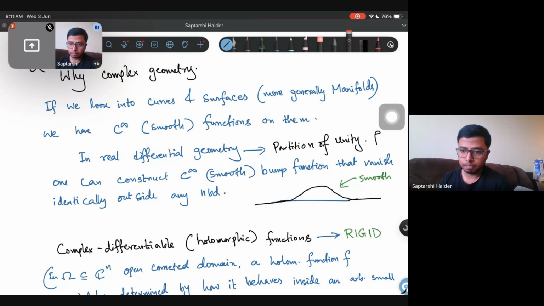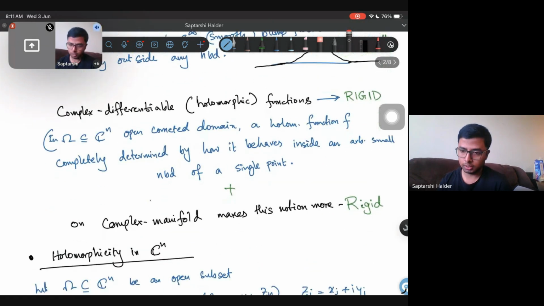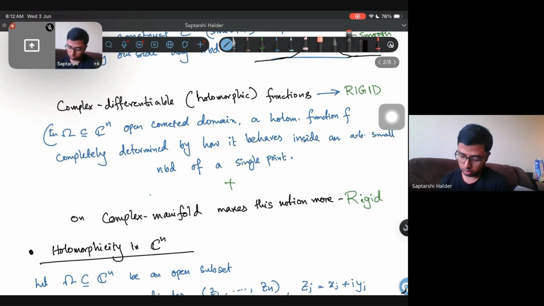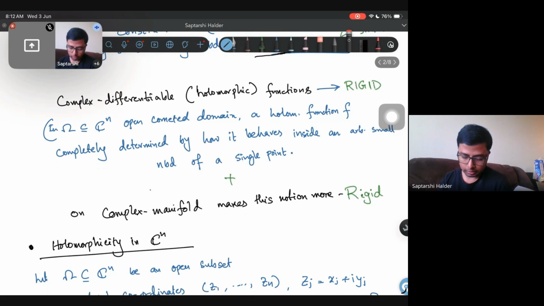It fails, actually. That's why the study of complex geometry begins, and we can say the structure is more rigid than the real one.